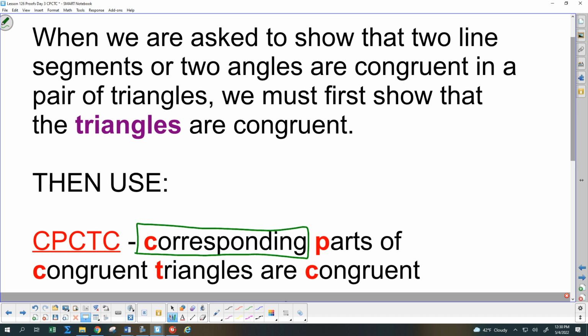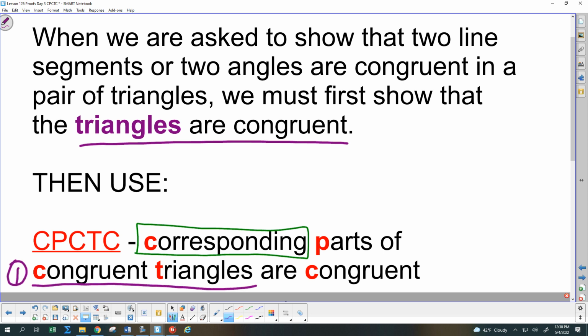But corresponding parts are congruent lets you actually do something with it. So that means that you first have to have that the triangles are congruent. So we have to go through those 4 kinds of alphabet soup that we've learned so far for congruent triangles. Then whatever parts you didn't already say in there, you match up. Oh, these 2 correspond, so they are congruent. So then you match up your corresponding parts, and then you can say therefore congruent as the last step of that.